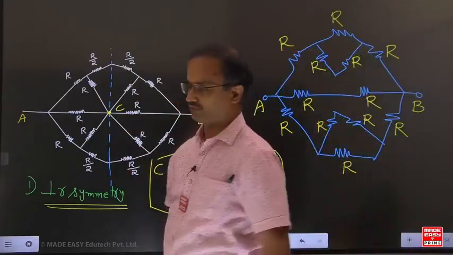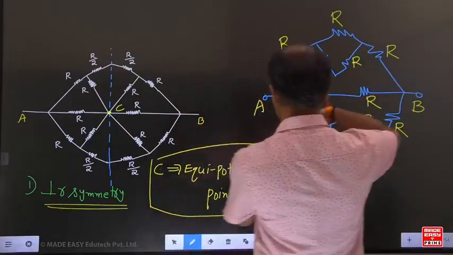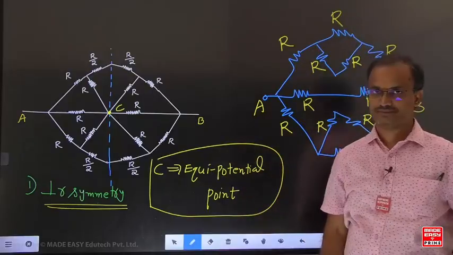The equipotential point is disconnected. It should be disconnected every time along the dotted lines.